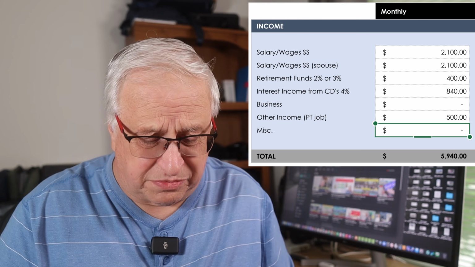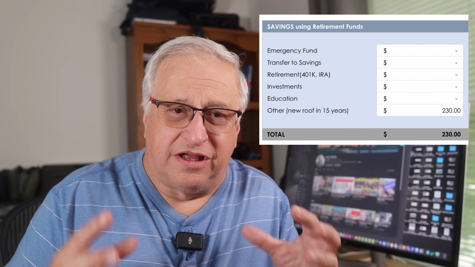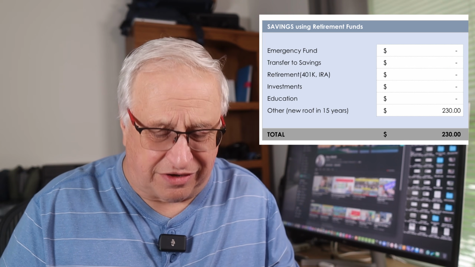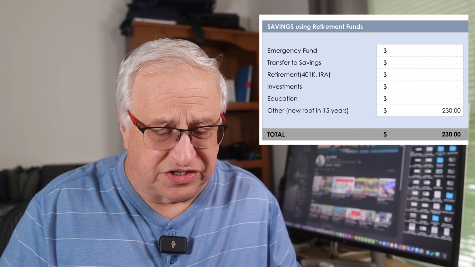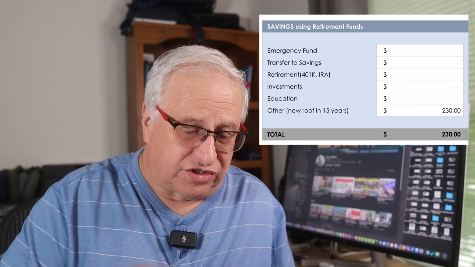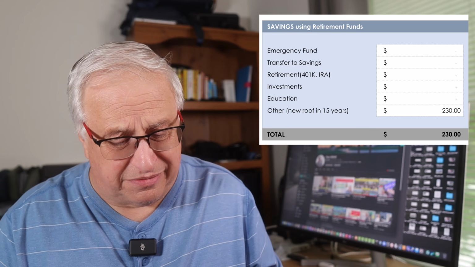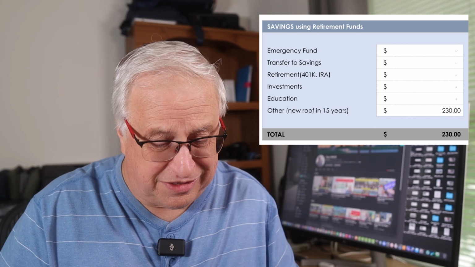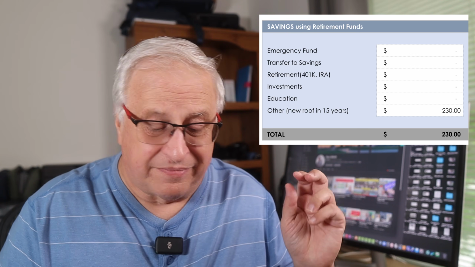First column, just monthly. Next, I have a unique category. Saving for retirement or saving in retirement for those one-time expenses that are going to come up. I use it as an example. I have how much do you have for an emergency fund? Transfer to savings, retirement. If you're not to retirement, you need to plug in money here.